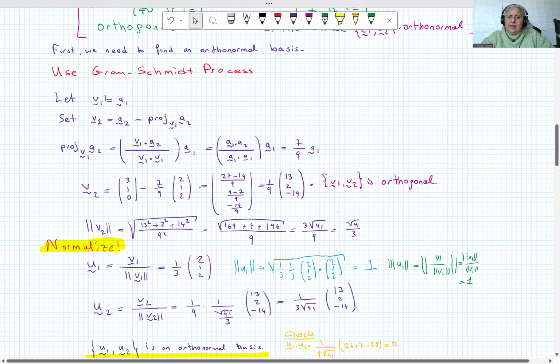The Gram-Schmidt process is basically a recursive process that gives us a way to find the orthonormal basis. It says the first vector V1 is equal to A1. The second will be A2 minus the projection of the vector A2 on the vector V1. We know this formula from last year, so that will be a multiple of the vector A2.